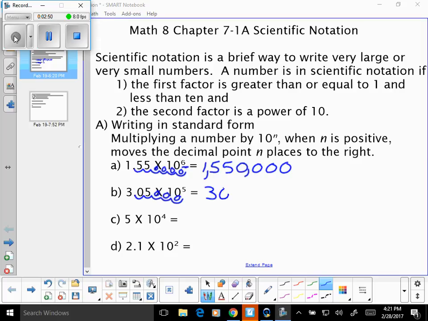So 3, 0, 5, 0, 0, 0. Come back in and put the commas. Please hit pause and do C and D. C is going to be 50,000 and D is going to be 210.